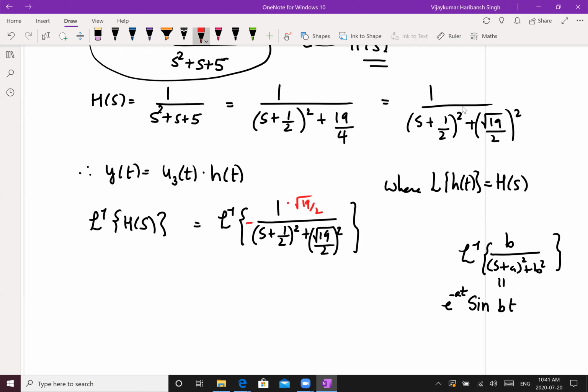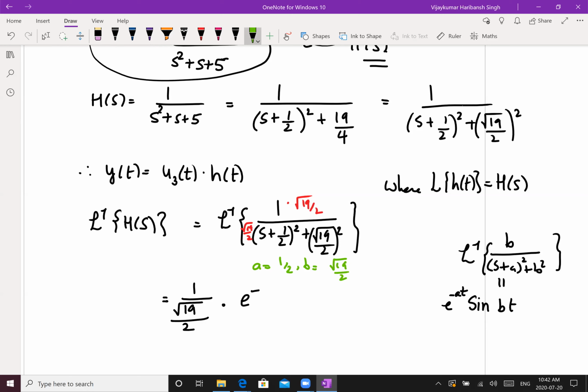Then this becomes 1 by square root of 19 by 2, so 2 over square root of 19, times e to the power minus a t. Here a is half, and b is square root of 19 by 2.